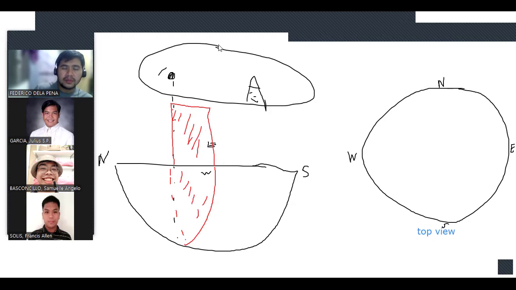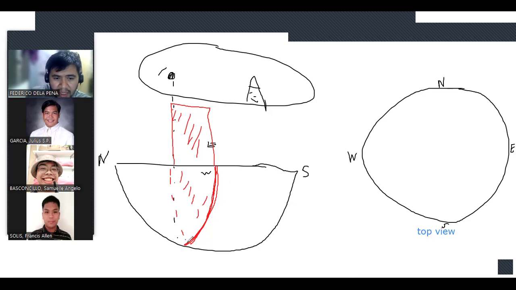When you're doing stereographic projection using the lower hemisphere, of course, you're only looking at the lower part of the bowl. Hence, you're trying to imagine how this plane will look if it's slicing or intersecting this bowl.